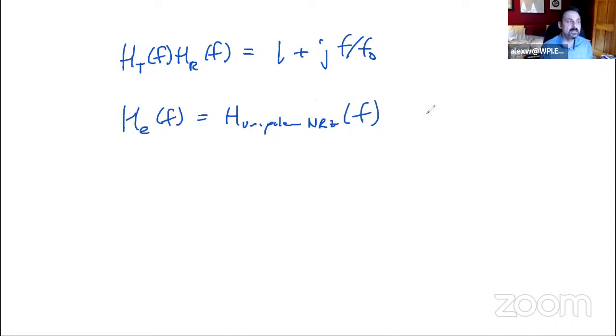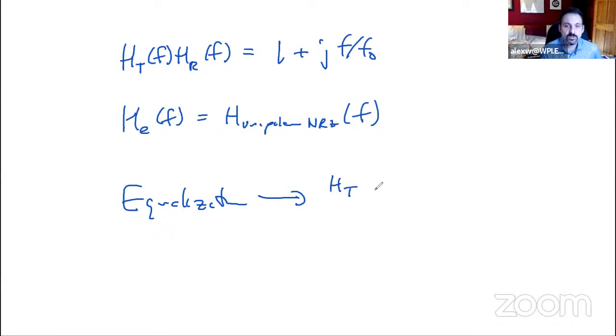That's how I would have to do this, and what some folks do is equalization. There's two ways to take care of it. What equalization means is I don't do anything at HT of F. I just let it be equal to 1.